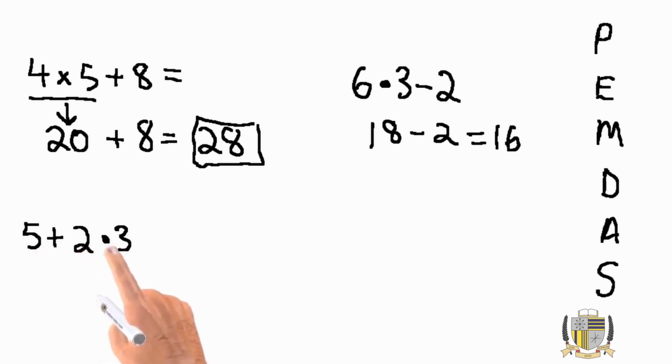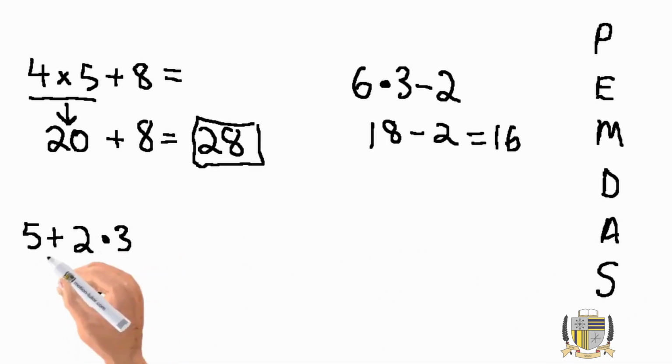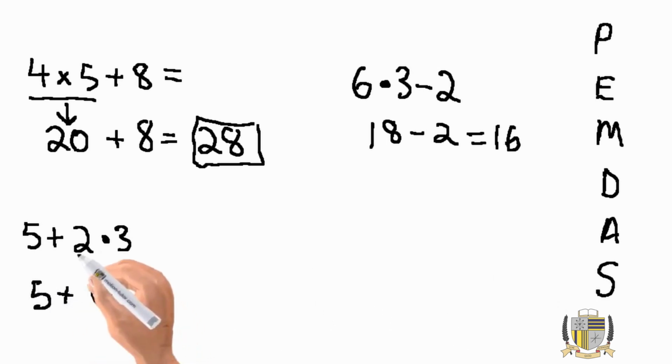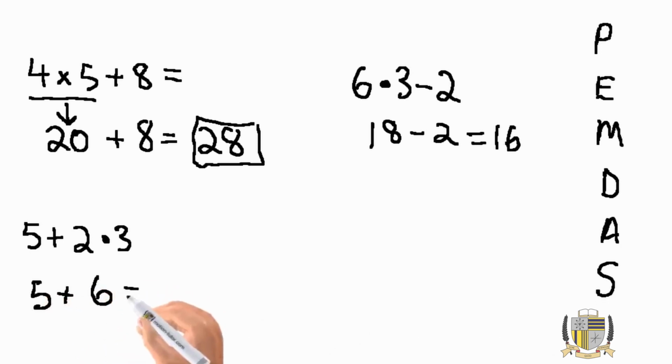So we evaluate that first. 2 times 3 is 6. So we still have the 5 over here plus, now it's 6, because 2 times 3 is 6. Any division? No. How about addition? Yes. The 5 plus the 6. 5 plus 6 is 11. And we have no subtraction, so that is it.